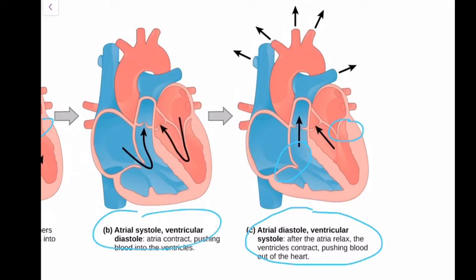During this time the atria are relaxing, so the atria are in diastole. When the ventricles contract, the pressure inside the ventricles goes up, and because of that the semilunar valves open. So the blood will flow from the ventricles into the major arteries, from the right ventricle to the pulmonary trunk, and from the left ventricle to the aorta.